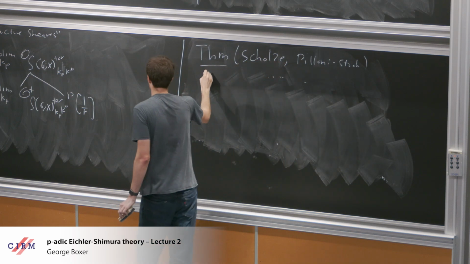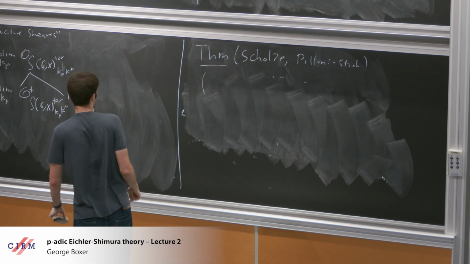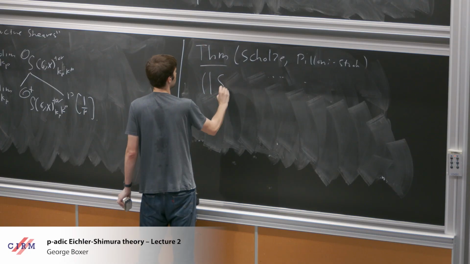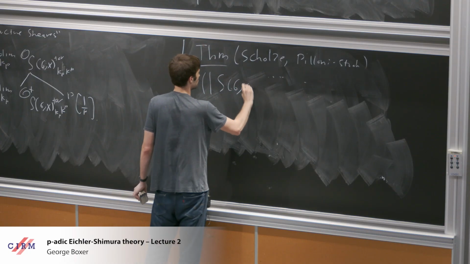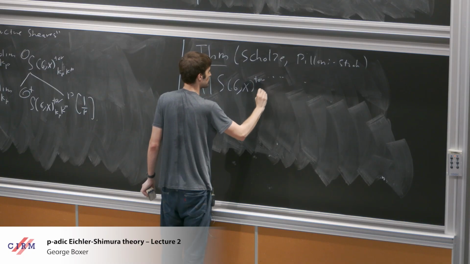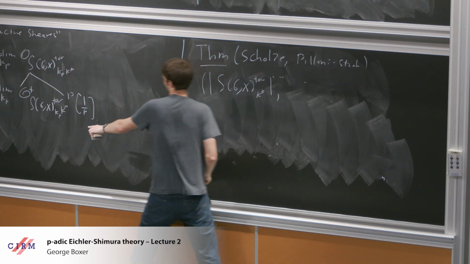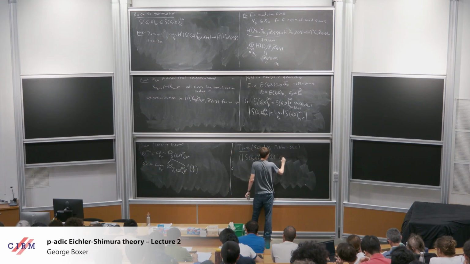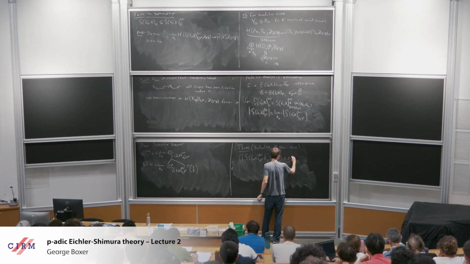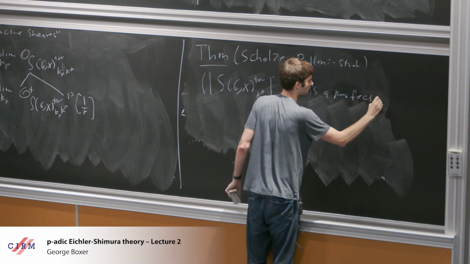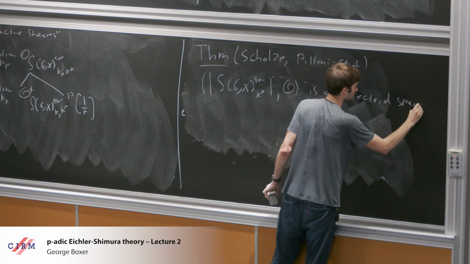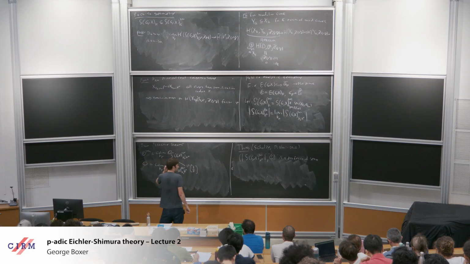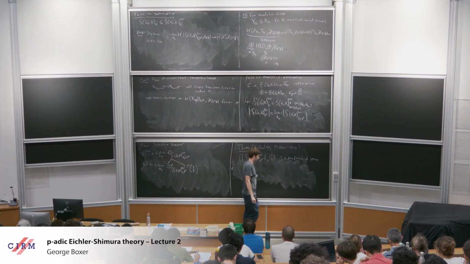The theorem says that this topological space together with this completed structure sheaf is a perfectoid space. Okay?